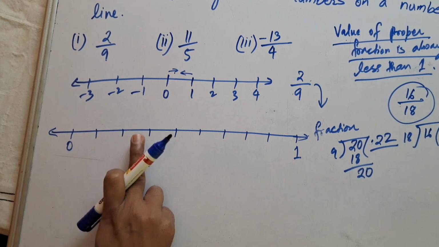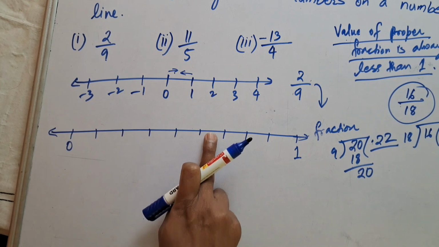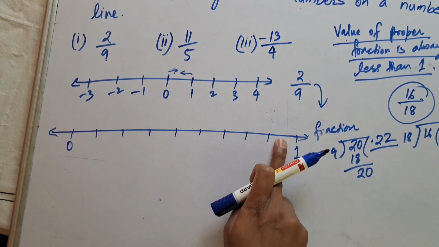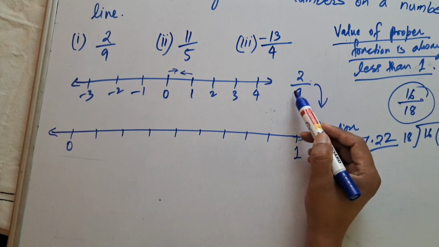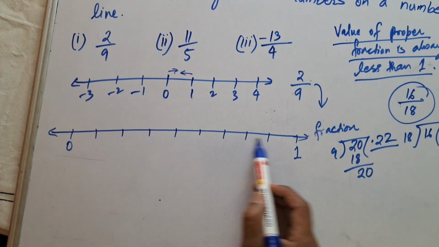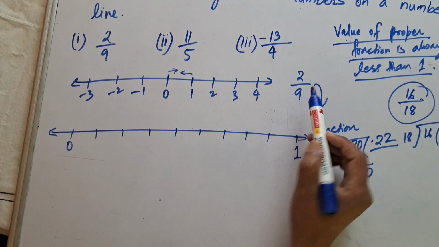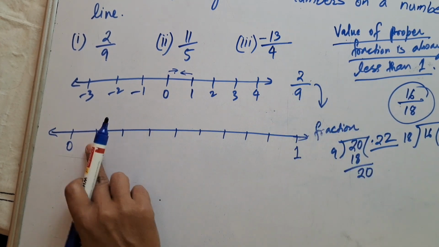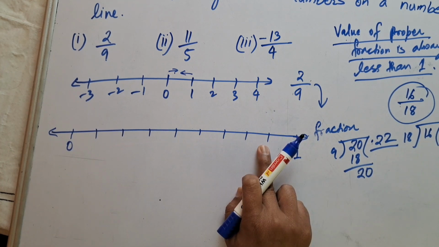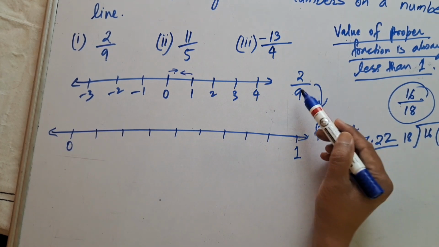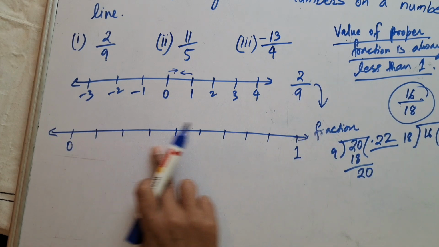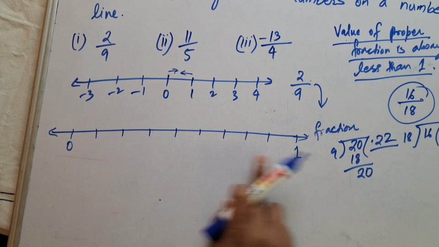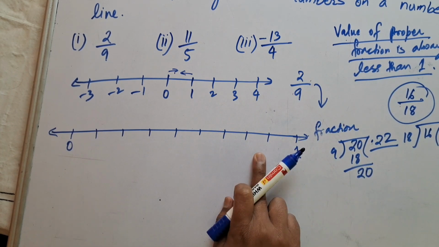Because we have 9 in the denominator, we see the number in the denominator and divide equally. If we had the number 7, we would have divided into 7 equal parts. So we can see 9 in the denominator, we divide it into 9 equal parts.